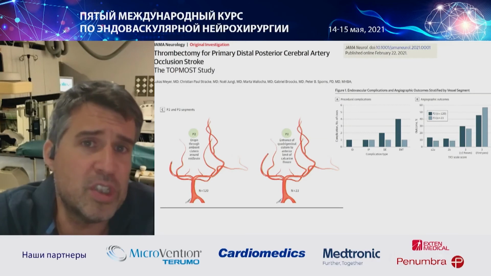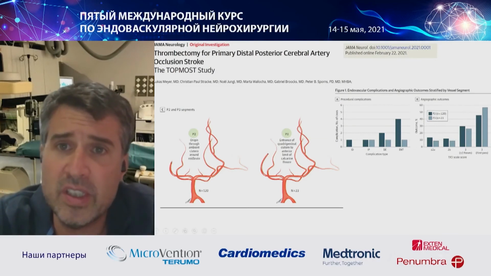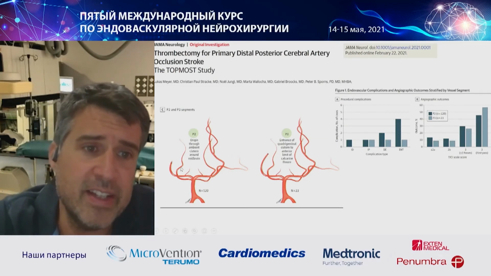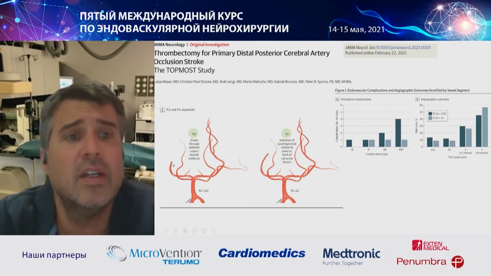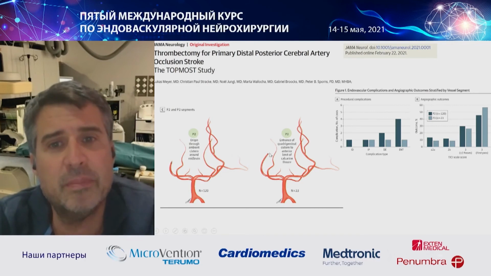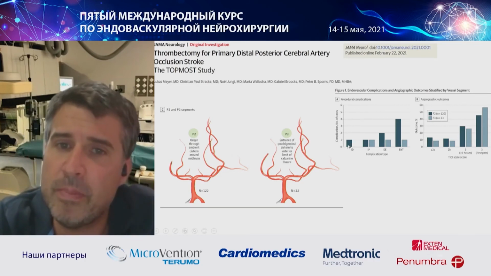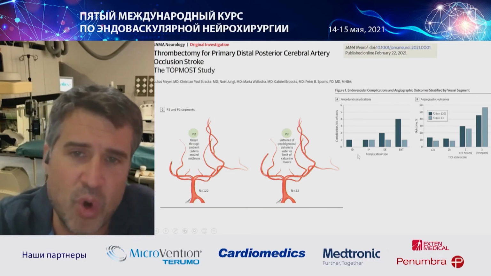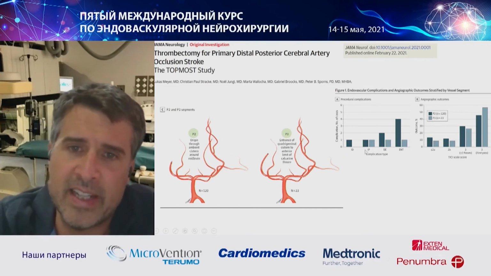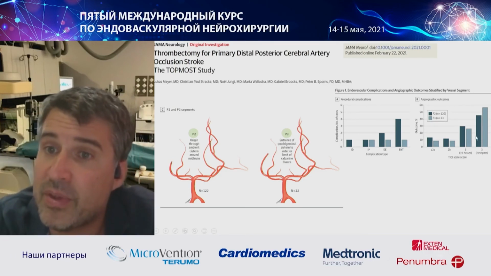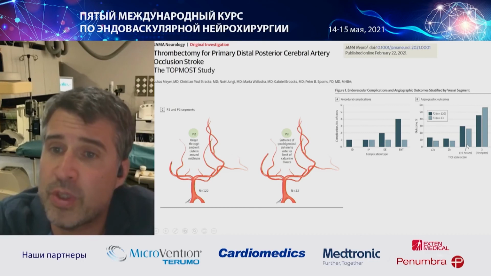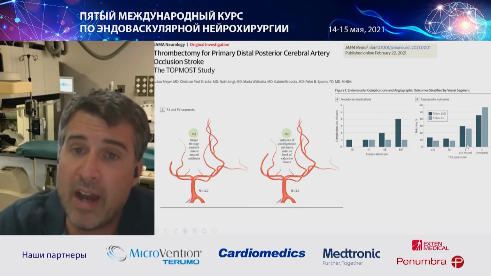Now, what about the posterior circulation? This is also a quite recent study in which they investigated thrombectomy in distal posterior circulation occlusions, P2 and P3. You see that the rate of complications was low. Dissections, perforations, embolizations, low, and the rate of complete recanalization, either at first pass or with more than one pass, was quite high.